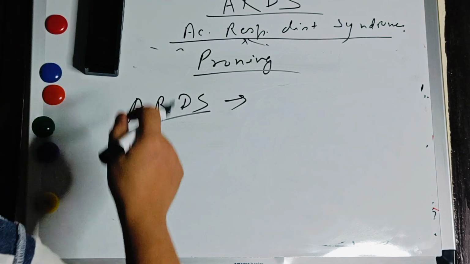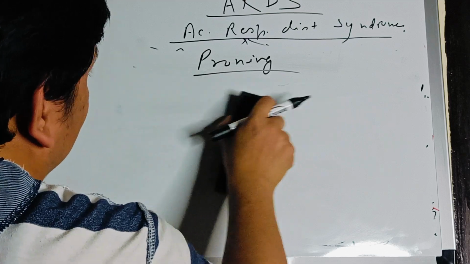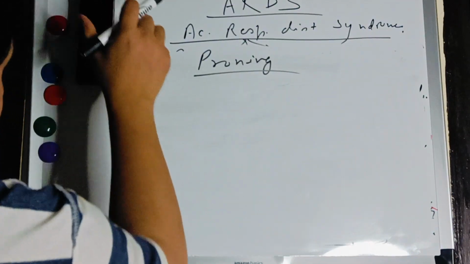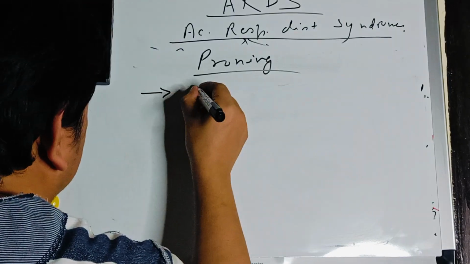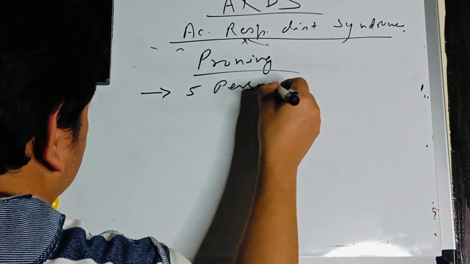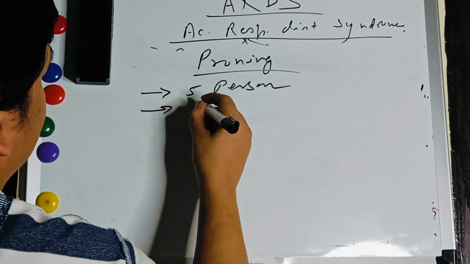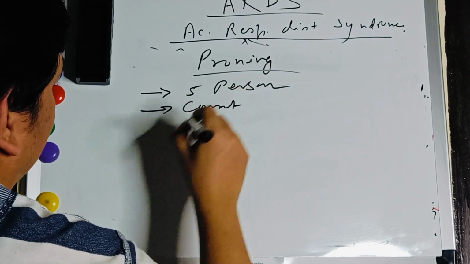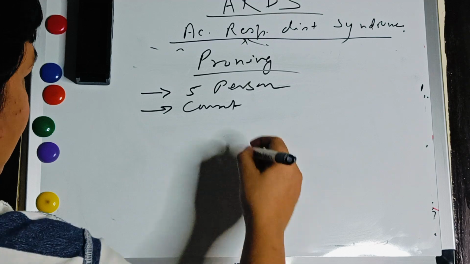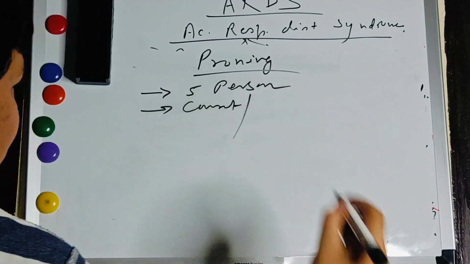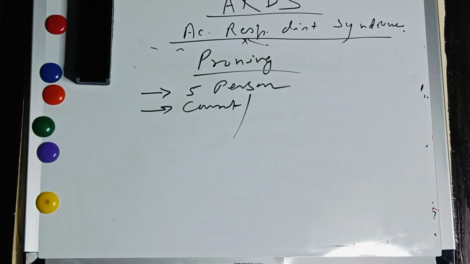So in proning, what are the things that are important to take care of? Five persons are required to change the position, and consent from the family is important. We have to explain all the side effects and positive effects of proning.